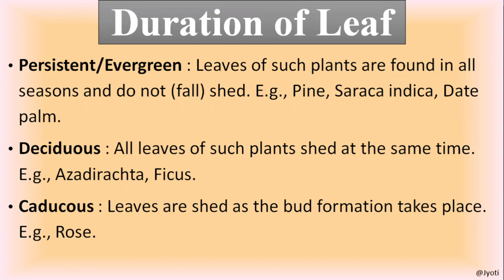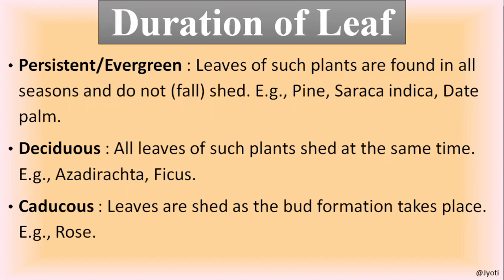But in case of deciduous, all leaves of the plant shed at the same time. In a particular season, all the leaves are shed off. And that time is generally the unfavorable condition for the plant. To reduce the rate of transpiration, they shed their leaves, as in case of Azadirachta and Ficus. Okay. Then caducous.